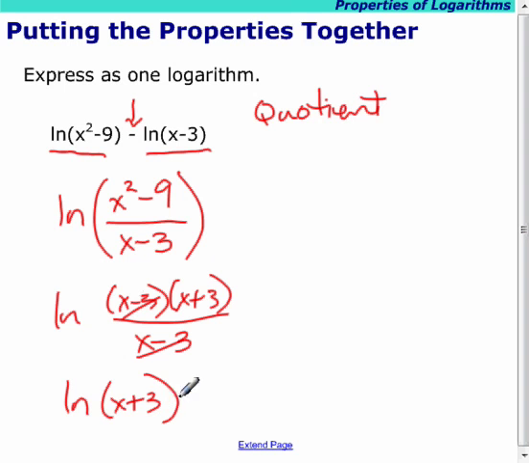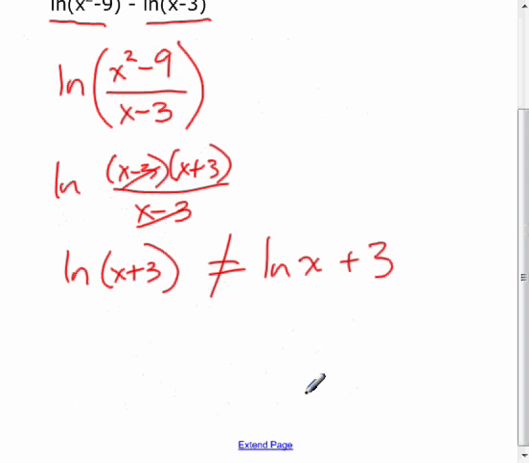Notice that I put the brackets around there because this is not the same thing as ln x plus 3. In this case, I'm taking the ln of the sum of these two. Over here, I'm taking the ln of x, finding out the answer to that, and then adding 3. The two are quite a bit different.